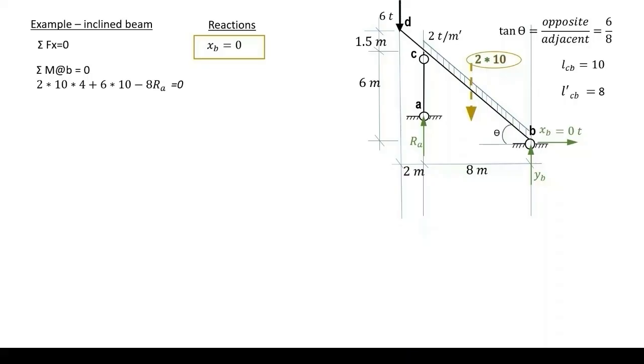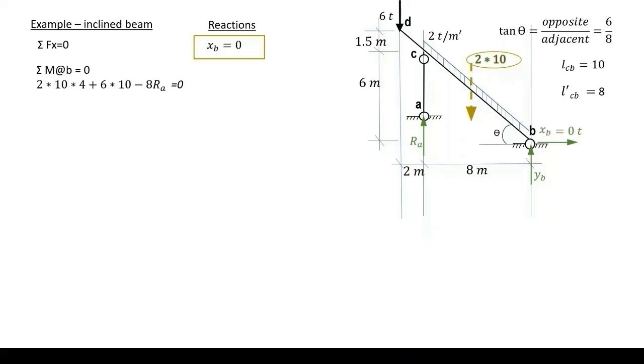We have a moment about B equals 0, and the forces causing those moments are 2 by 10 by the arm perpendicular to it, 4 meters, RA multiplied by the arm 8 meters, and 6 tons multiplied by the arm 10 meters, respecting the signs causing the directions.